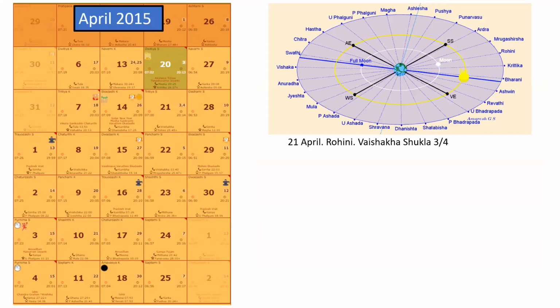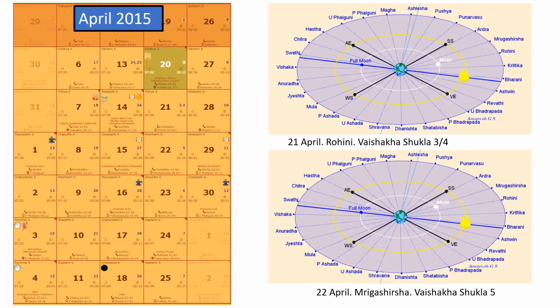And of course, we can just continue with this lunar month of Vaishakha. The next day nakshatra would be Rohini. Again, if you notice, Vaishakha Shukla Tritiya and also Chaturthi shown there, which is to say, immediately there, a Kshaya Tithi took place. Again, you can notice that in this day here, 21st April.